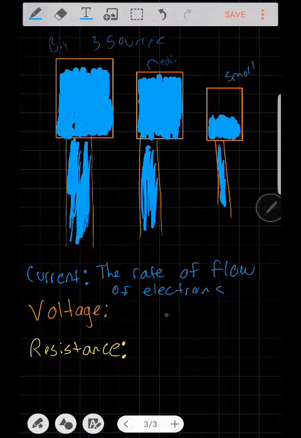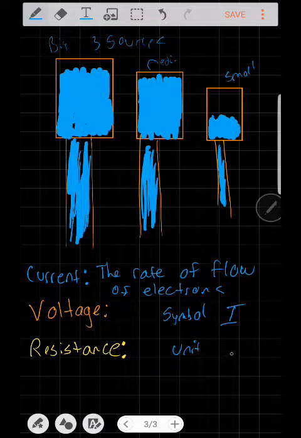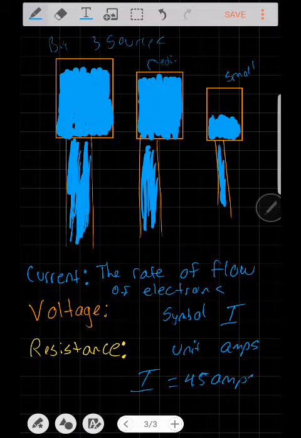The symbol for current is the letter I, and the unit for current is amps. So I would say I of current equals 4.5 amps. That's how you would say it. The rate of flow of electrons is what current is, just like the current in a river is the rate of flow of gallons of water.